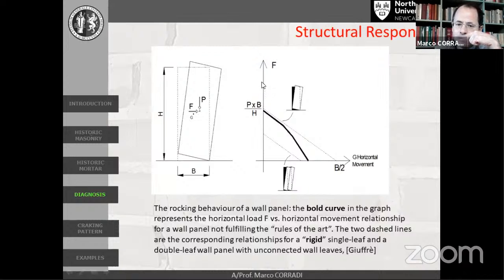And the load versus horizontal movement of the load is a bold line that is in between the two, and it depends on the bonding pattern. So the bonding pattern can play an important role in the assessment of the capacity of the wall. In this case, it was a rocking, an overturning of the wall, but this can be similar for the shear strength and the elastic modulus.